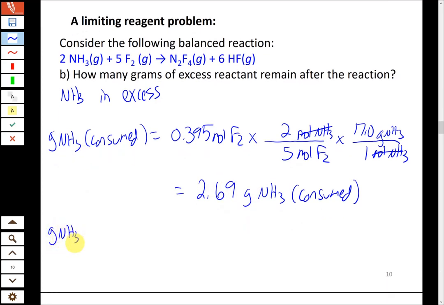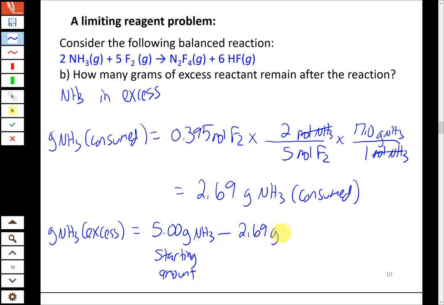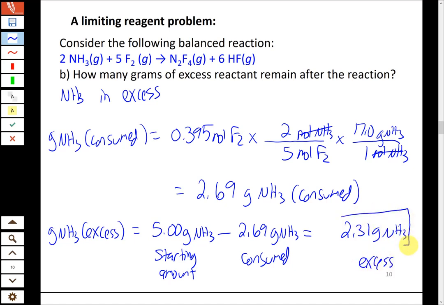So this is our key second step: if we want to find the amount of excess reactant, we take the amount that we started with, which is 5 grams, so that's our starting amount, and we subtract the amount that was consumed, which we just calculated to be 2.69 grams, and that leaves us with 2.31 grams of NH3, which will be excess, leftover reactant that doesn't react to form product, okay?